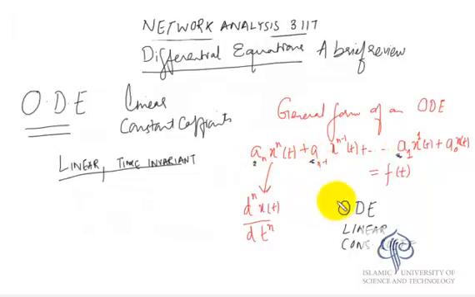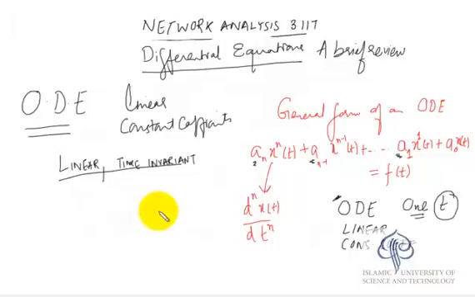So it's an ordinary differential equation because there is only one independent variable, which is time. So we have derivatives with respect to time only. In partial differential equations, in contrast to this, we have differentials with respect to other quantities. So it can have differentials with respect to time and space.